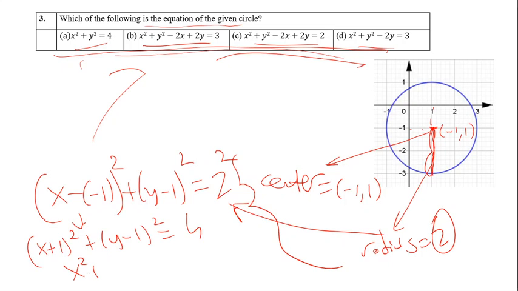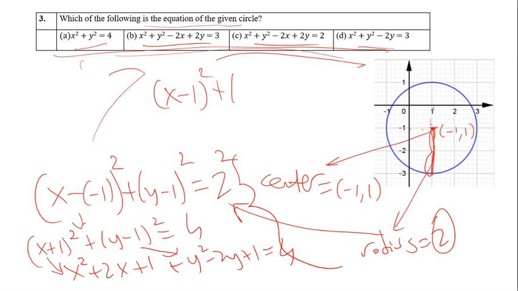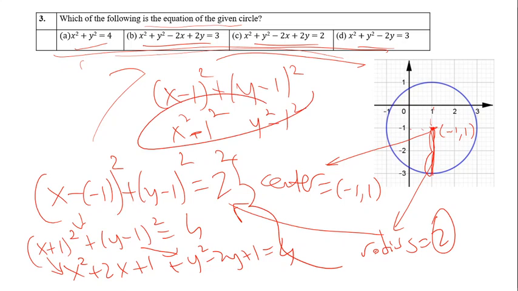So it will be x squared plus 2x plus 1, and y squared minus 2y plus 1 equal to 4. And be careful, don't make this mistake. Some of the students make this mistake again, like they write it this way. This is wrong, don't do it.